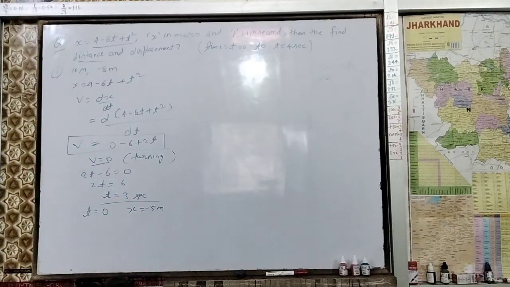Now at t equal to 0, v comes as minus 6.